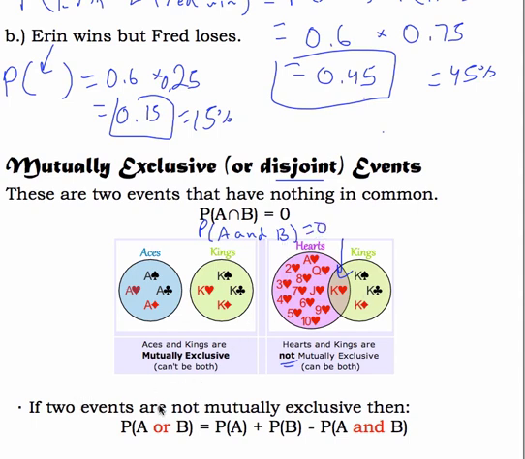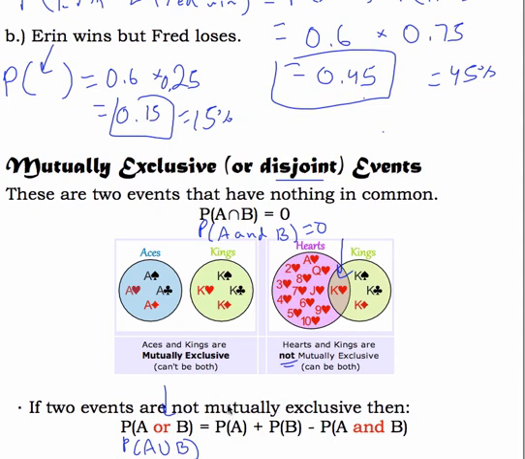Alright, now this comes up with OR probabilities. When you have probability of A or B, which you might see sometimes like this, probability of A or B is equal to probability of A plus probability of B minus the probability of A and B. Okay, so that's for not mutually exclusive.